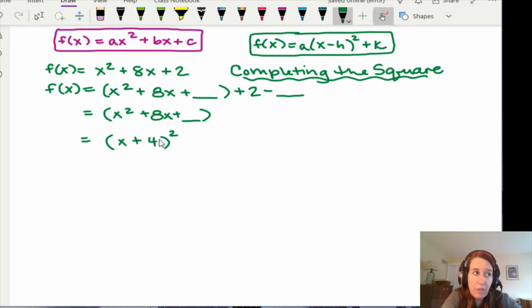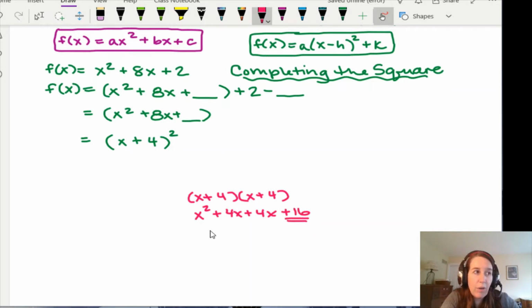Think about it. If you FOILed x plus 4 squared out, if you multiplied it out, I'm going to do this and then erase it away. I would have x plus 4 times x plus 4. My first term of the FOIL would be x squared. Then I would have plus 4x plus 4x for the outer and the inner, and the last term would be 16.